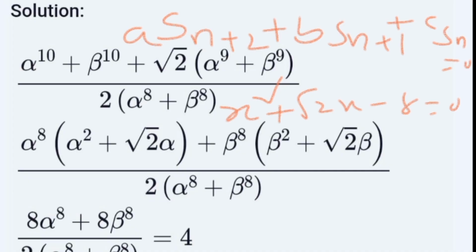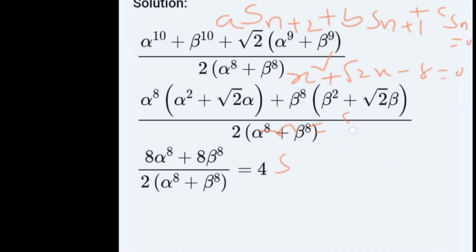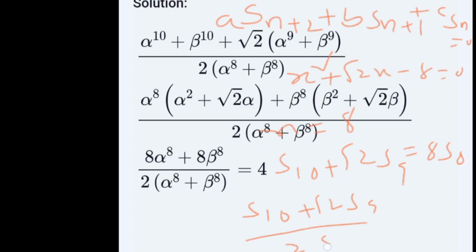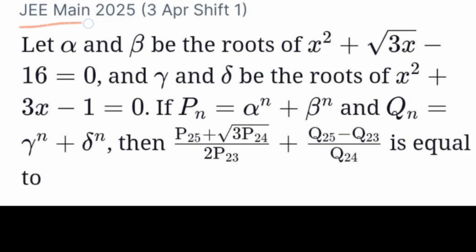Now here n is equal to 8. So S10 plus root 2 S9 minus 8 S8 is equal to 0, so S10 plus root 2 S9 by 2 S8 is equal to 4. Simple. Here, JEE Mains 2025, same question.